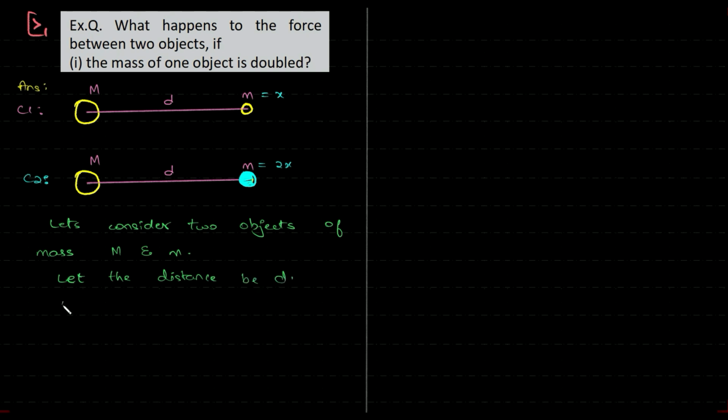Okay, then we'll tell let m be equal to x kg. Now the new mass of the second object is given to be 2x kg. Okay, this is given. So this would be your first half.